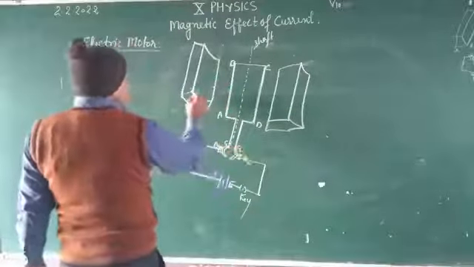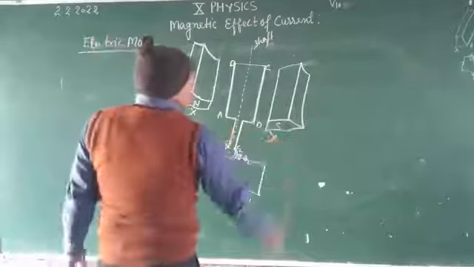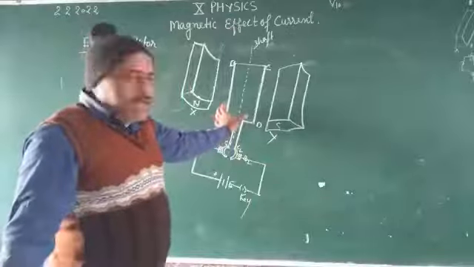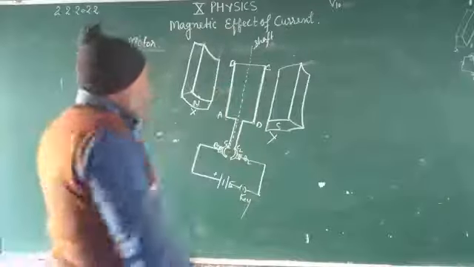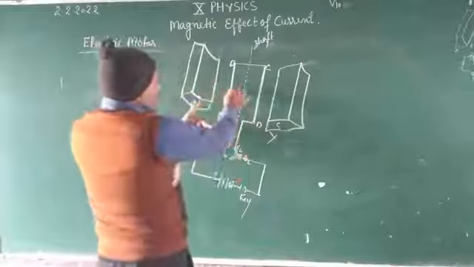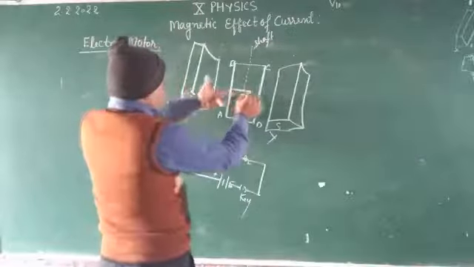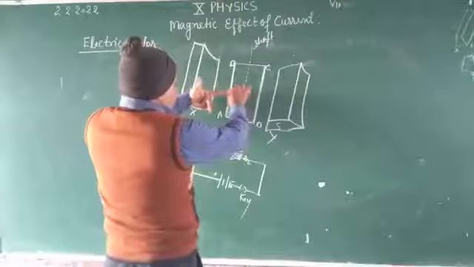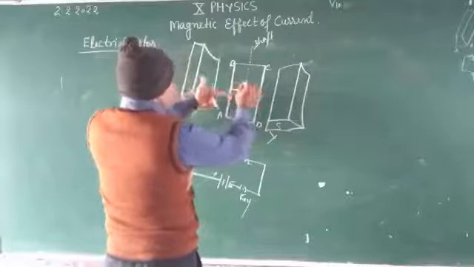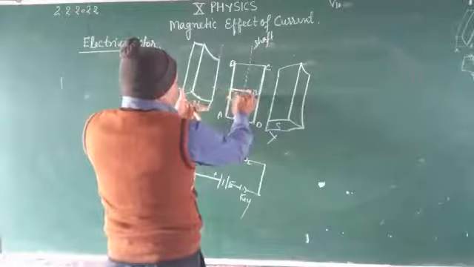Here given B2, this is the N and S, X and Y. Strong field magnet. Okay? When this coil on the armature is placed between the strong field magnet like this, here you will see Fleming's left hand rule. This is the direction of magnetic field, direction of current. Now here, this is the direction of force. Okay?